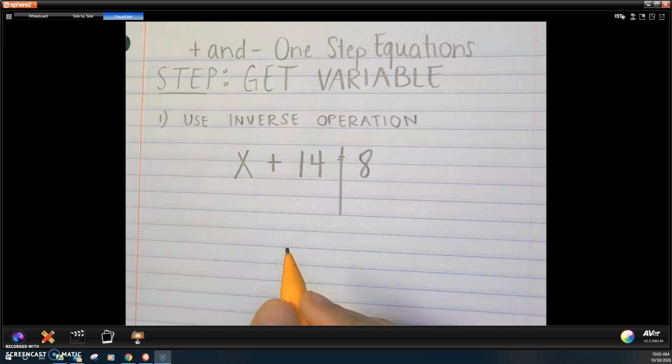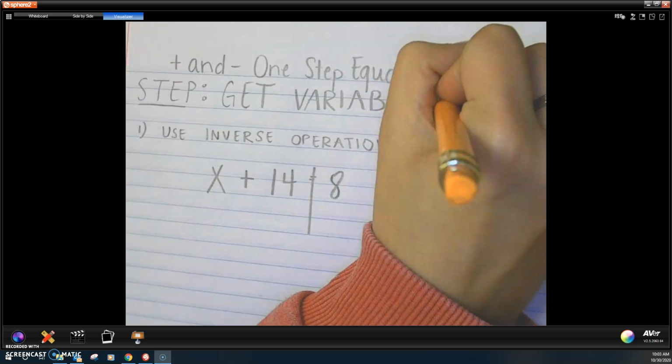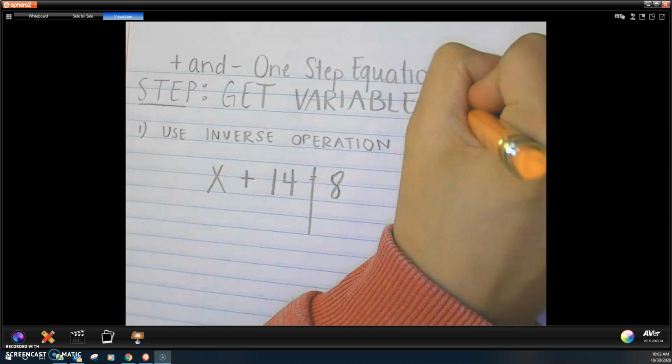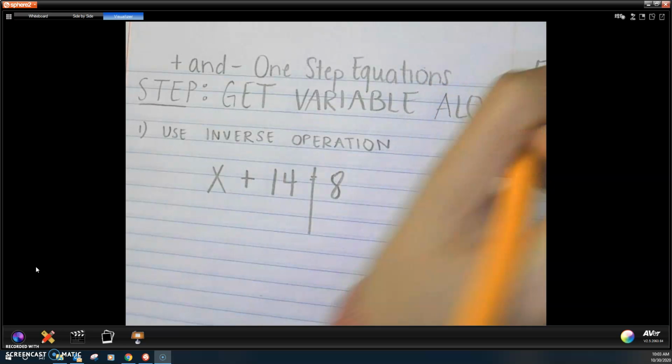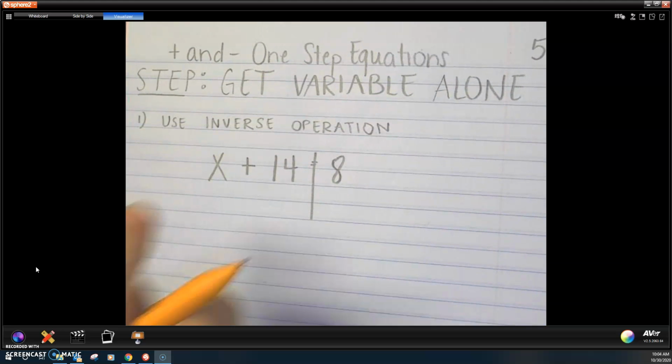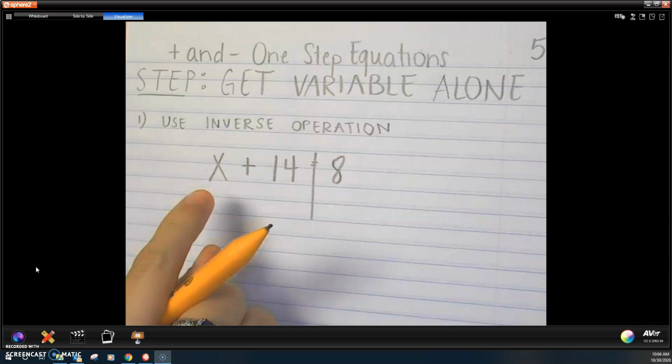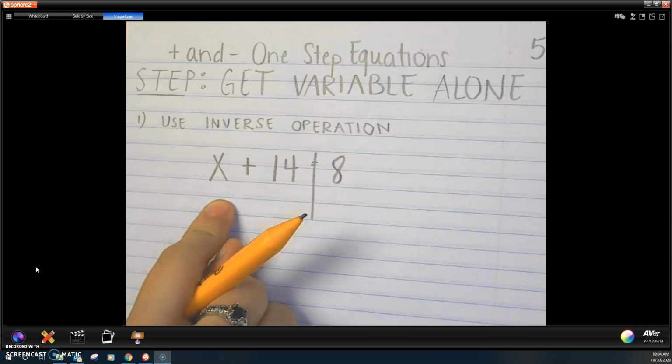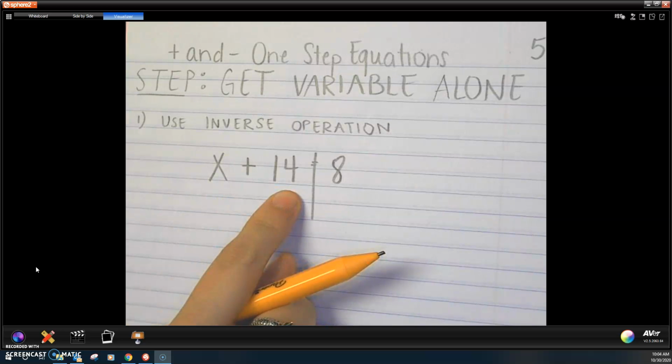So now we need to focus on which side is our variable. Oops, I forgot to write get variable alone. So we need to focus on the side with our variable, and in this case we have the variable to the left.